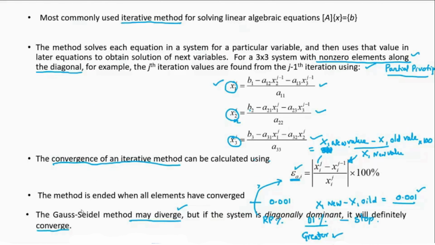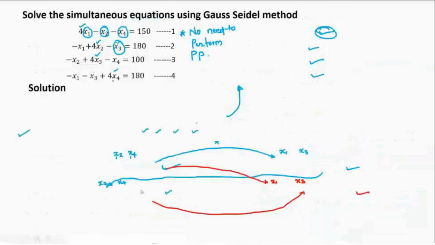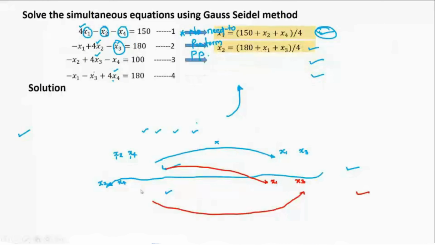You read this and relate this sentence: the method solves each equation in a system for a particular variable, and then uses that value, meaning whatever variable value we have computed previously, in later equations to obtain the solution of the next variables. So this is the statement that supports this process.